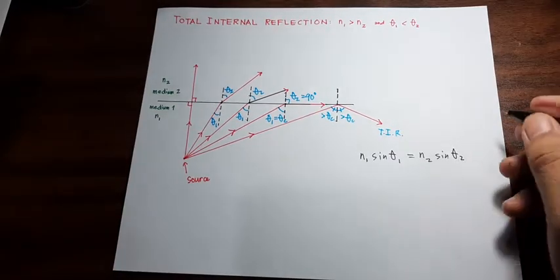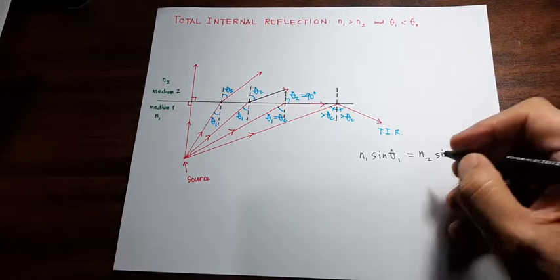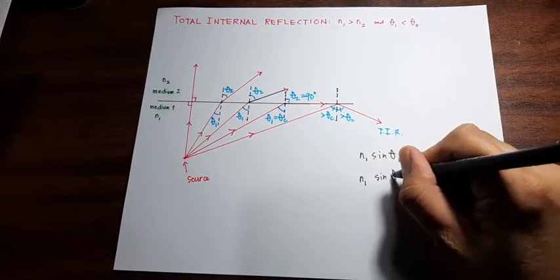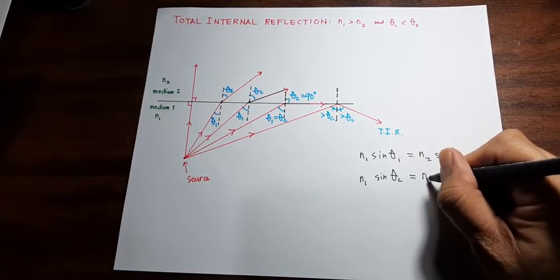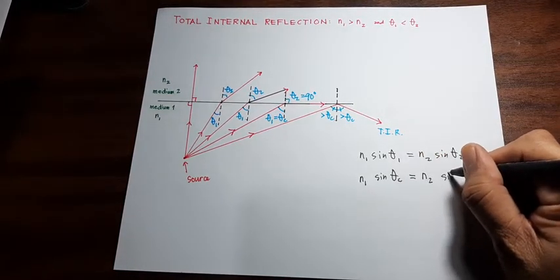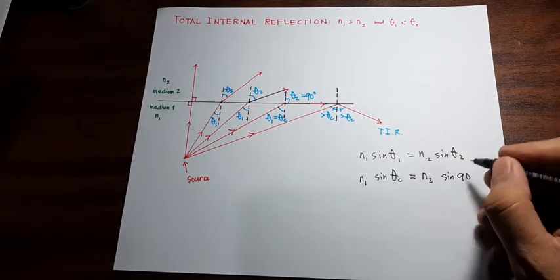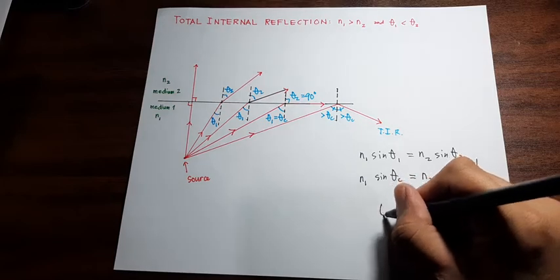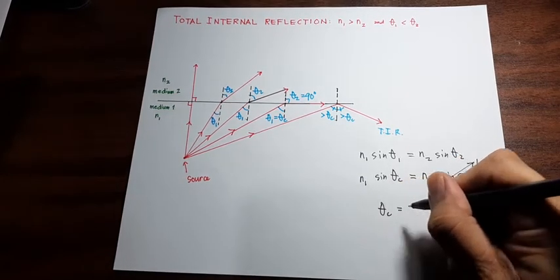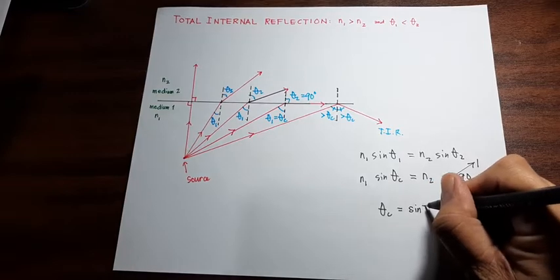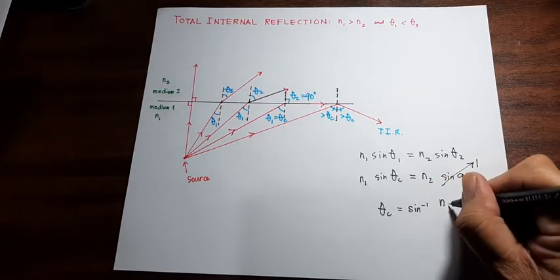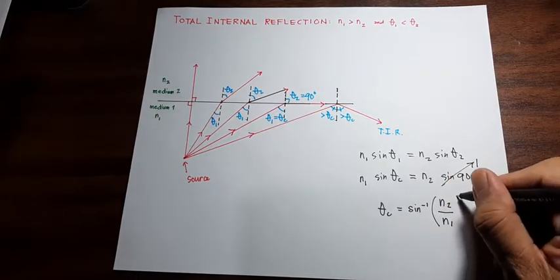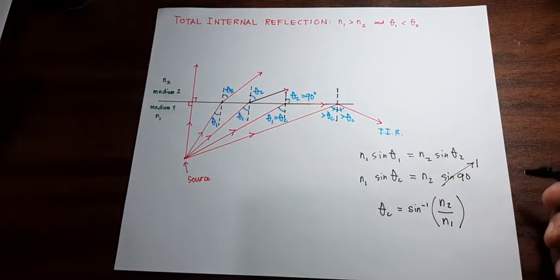If angle 2 is 90 degrees, then we have n1 sine critical angle is equal to n2 sine 90, which of course is 1. Therefore, the critical angle is equal to arc sine n2 over n1.